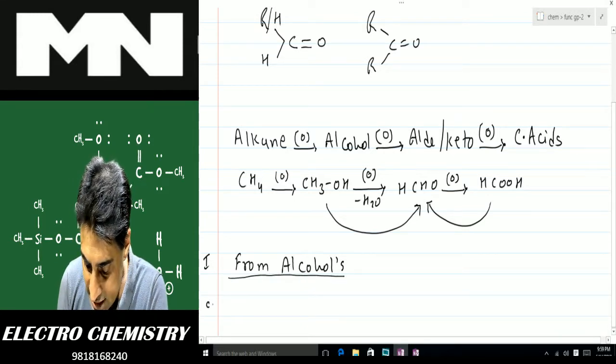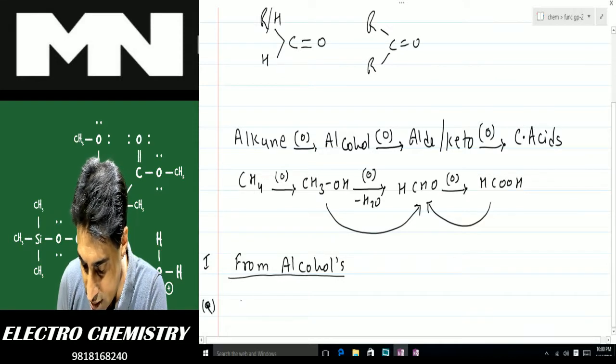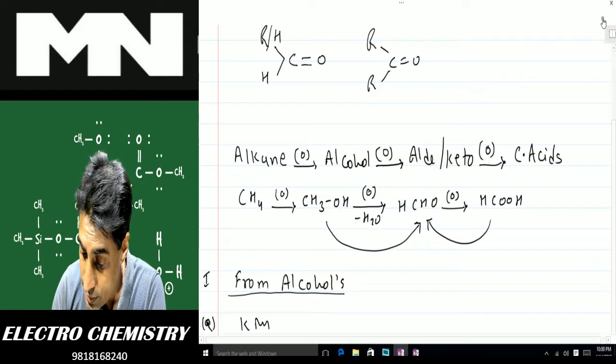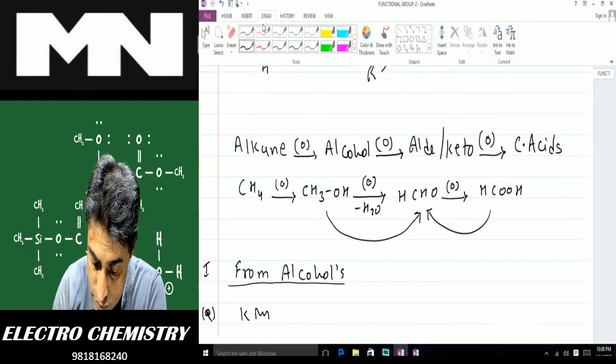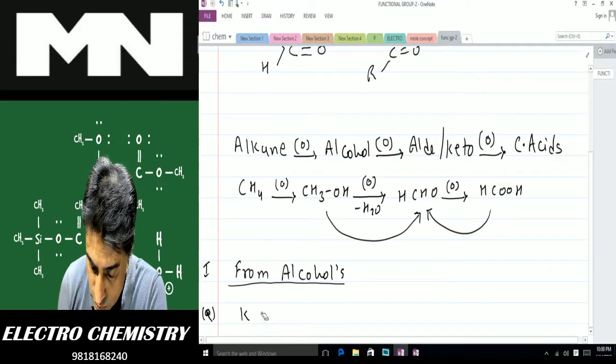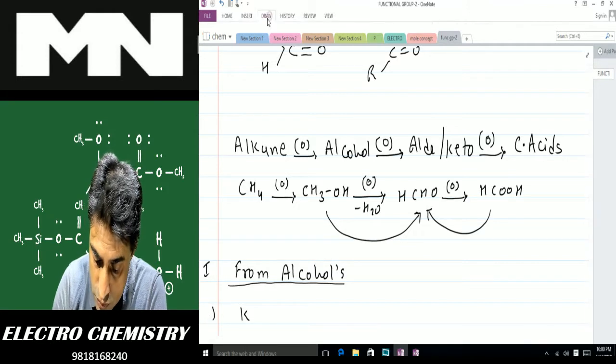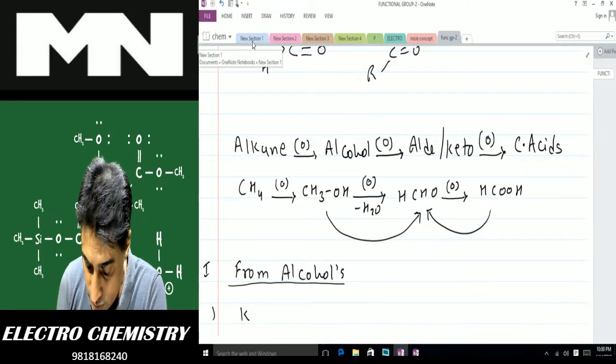The oxidizing agent we can use is alkaline KMnO4. Alkaline KMnO4 is a good oxidizing agent. It is one of the strong oxidizing agents.